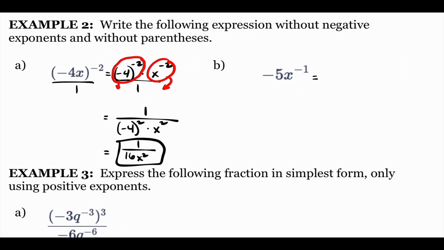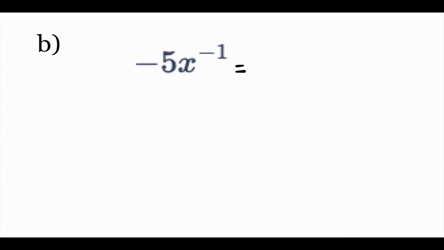Question is, who gets that -1? Whose exponent is that -1? Is it both -5 and x, or is it just x? It's just x, right? If I wanted them both to have that power, there would be parentheses there. But I don't want both. I just want the x to have that power.